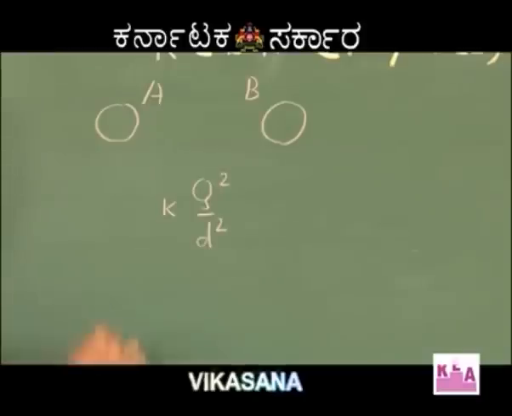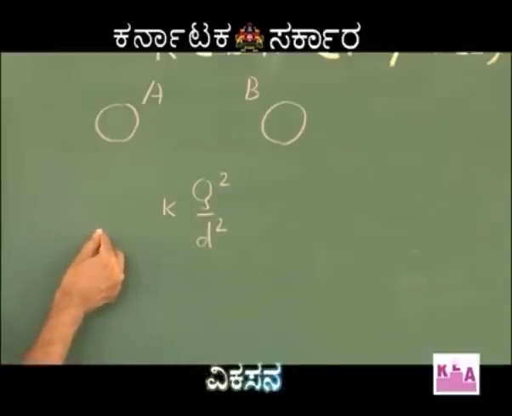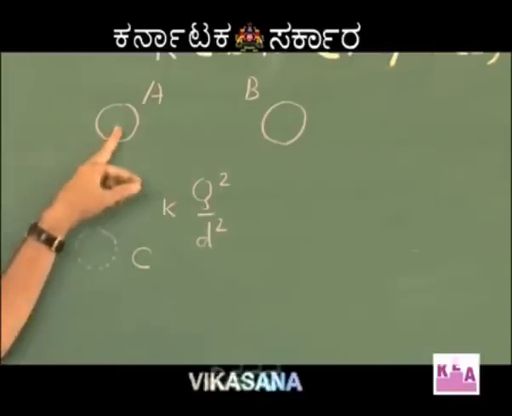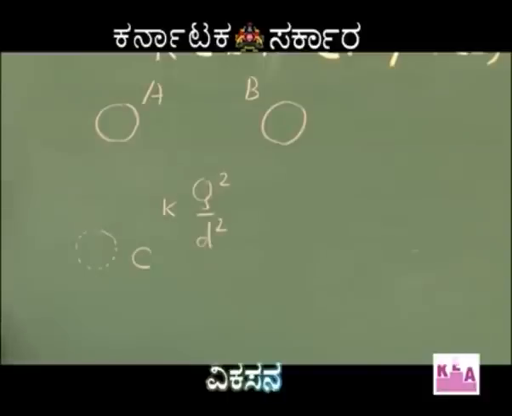Now, suppose there is an identical third sphere, and I call it C. If I bring C, which is uncharged, in contact with A, you know that charges exchange between the two spheres till their potentials become equal.